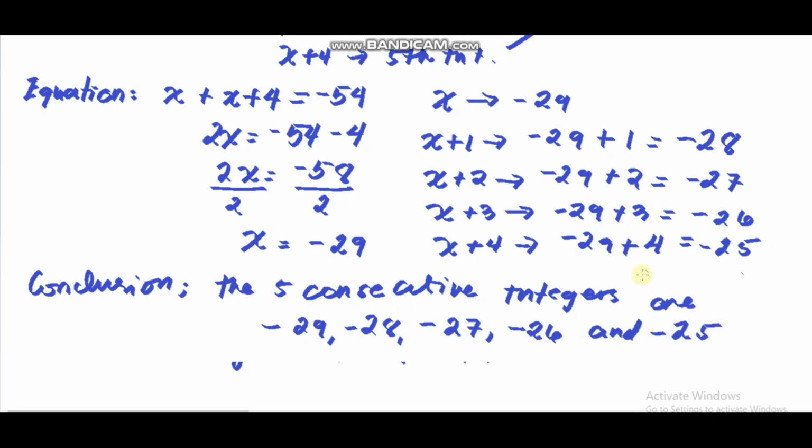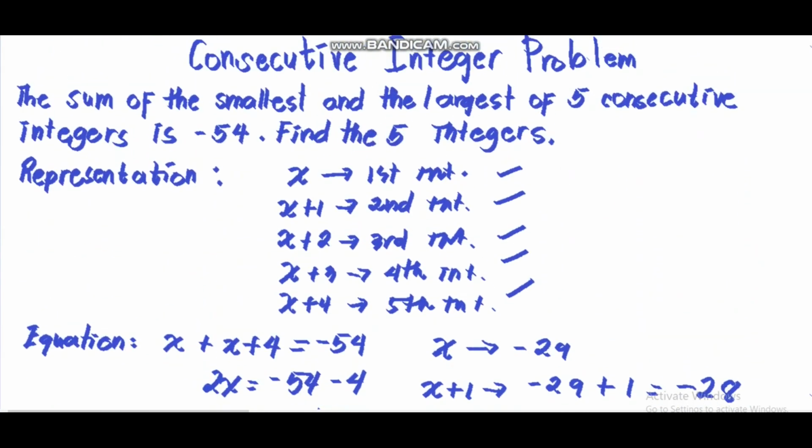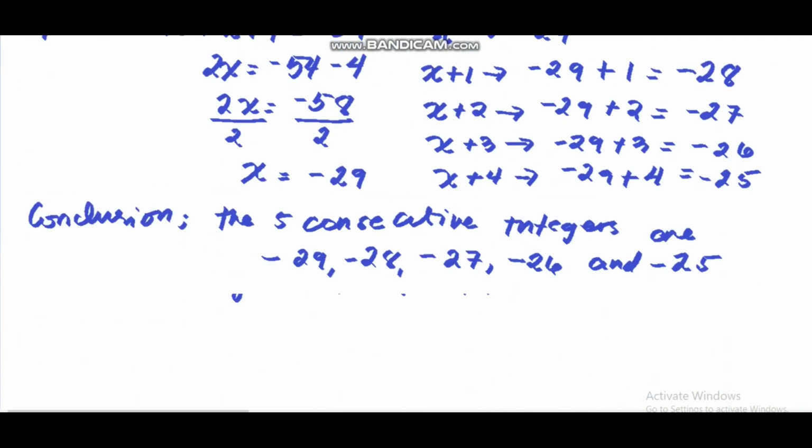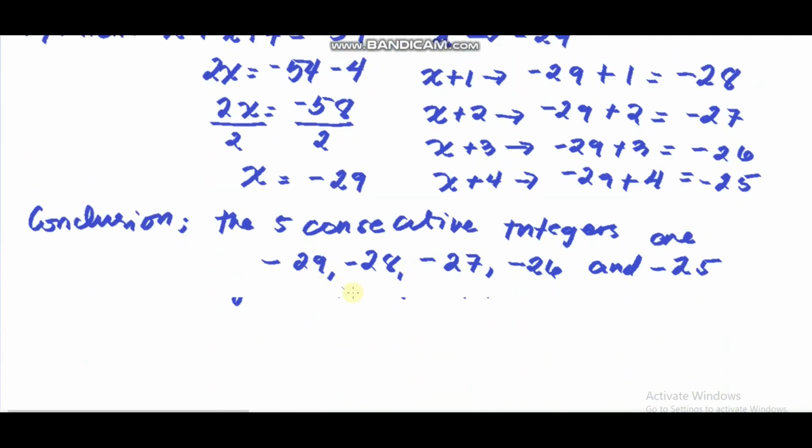So that is the answer of our problem. The problem is: the sum of the smallest and the largest of 5 consecutive integers is negative 54. Find the 5 integers. So the 5 integers are negative 29, negative 28, negative 27, negative 26, and negative 25.